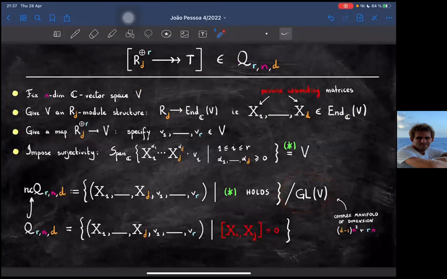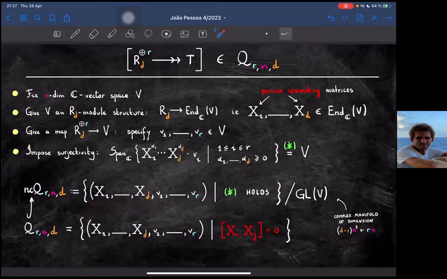Okay. So an observation, not too hard to prove, is that this is a complex manifold. And it has the dimension that you expect. So it's (d minus 1) times n square plus Rn. D minus 1 n square, because here I have d matrices. So it's d times n square, because the matrices are n by n.